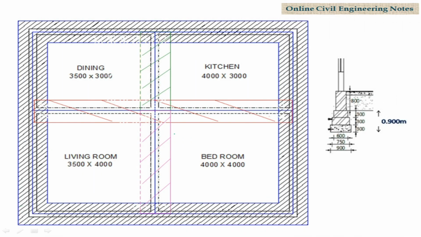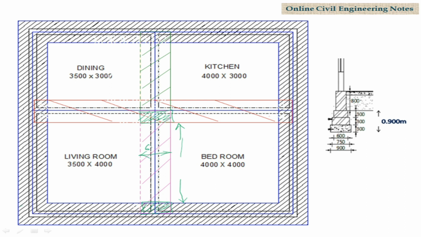The last portion to find the brick quantity for the second footing is shown here in the pink color. Here this small portion and this small portion, brick quantity is already calculated. For this portion we have to calculate the brick quantity for this length and this width.